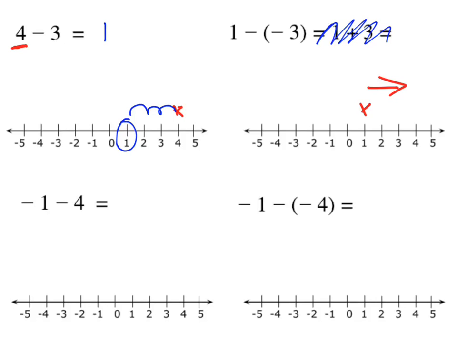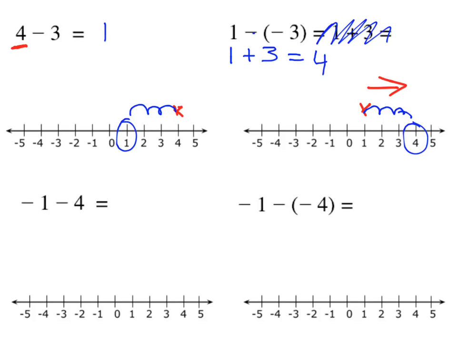Those two negatives next to each other, what happens is I'm going to change that negative into a plus, and that means the number changes, and in this case changes from being negative to being positive. So I'm going up by 3 units, and that's going to take me to positive 4.